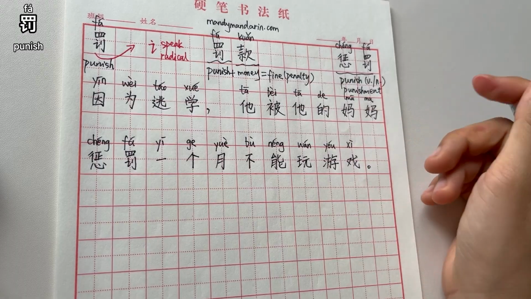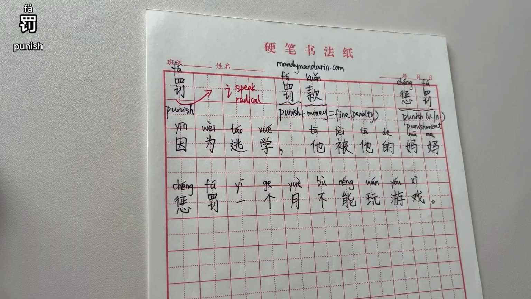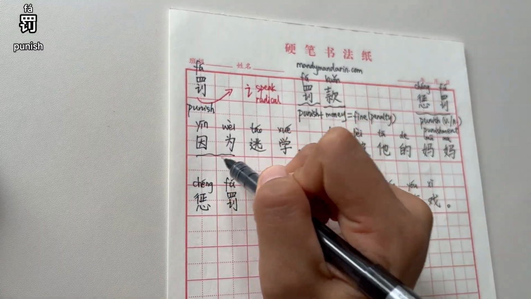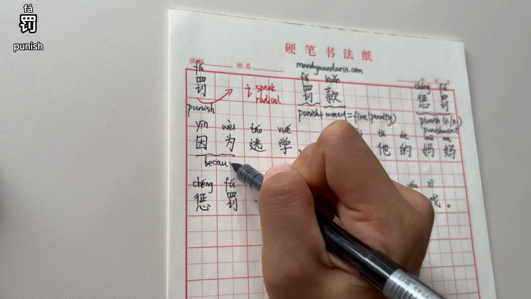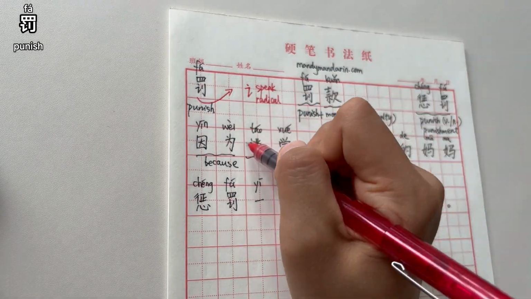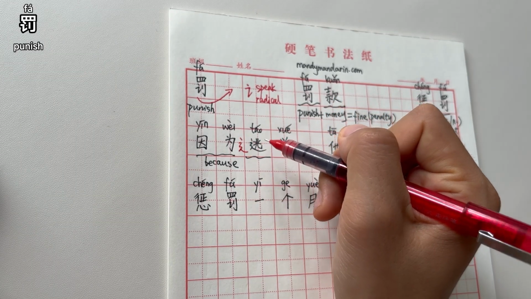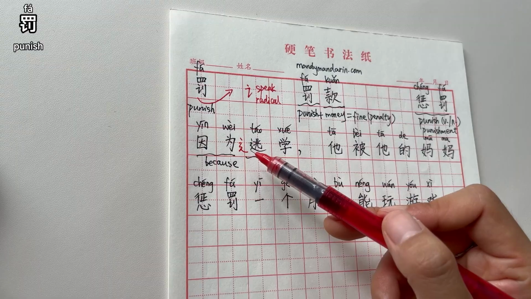Okay, that's a pretty long sentence. Let's take a good look at it. 因为 is because. 逃, as we can see, we have a foot radical, walking radical right here.